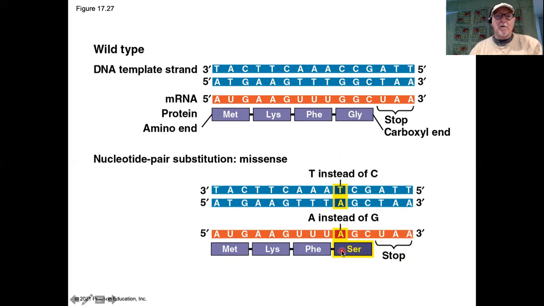I don't know what effect this would have here, but we saw before that that single change to valine in the hemoglobin resulted in the sickle cell phenotype. So it could be really serious. On the other hand, we don't know for this. This could actually be beneficial.